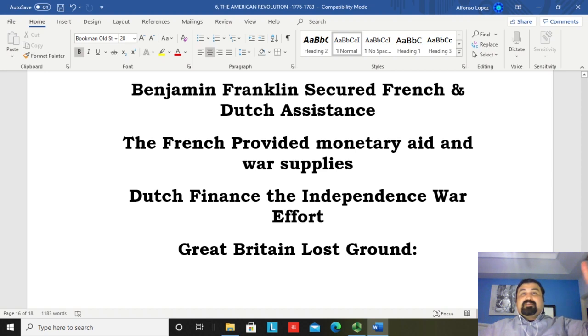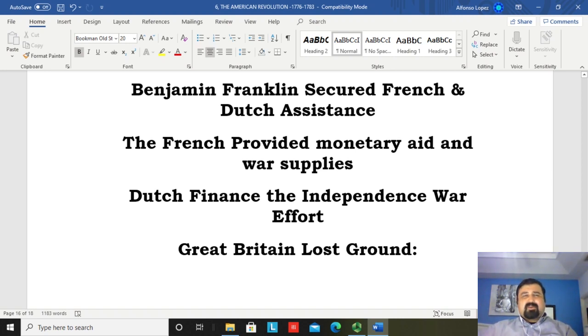Great Britain is not going to be the only European power now trading in North America, because now the colonies are going to become independent, and as independent states, they're going to open relations more openly, more freely, more legally, with France and Holland as well.